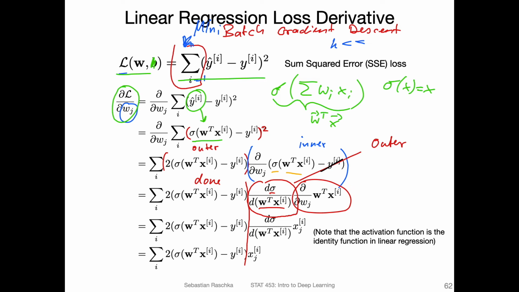Now, if we compute the derivative of this whole term with respect to w, the result would be x, right?